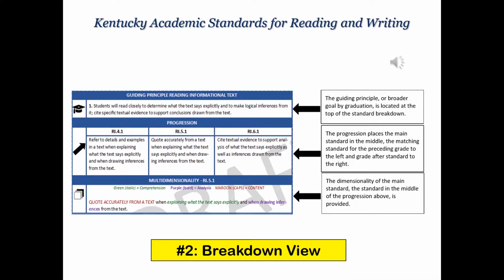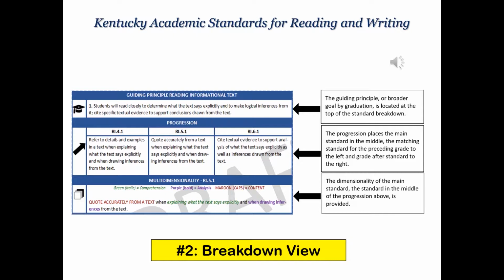Let's take just a moment and look at this slide. This is the breakdown view. This is what you will see in your specific grade level standards. What you are looking at is a 5th grade standard. Standard number 1, it's reading, informational, 5th grade, standard 1.